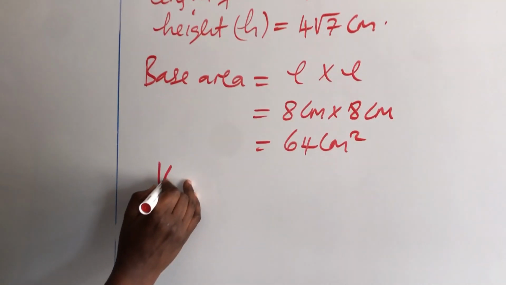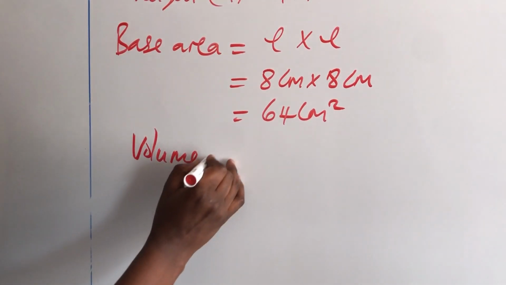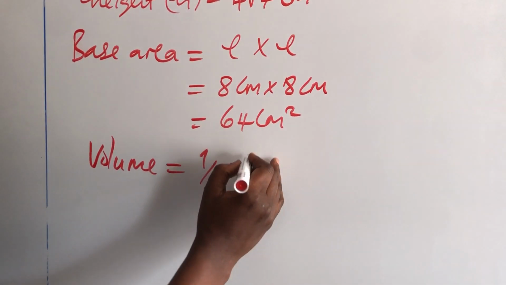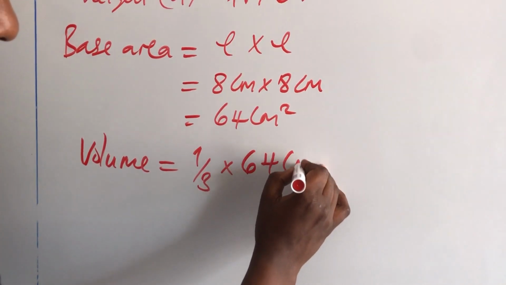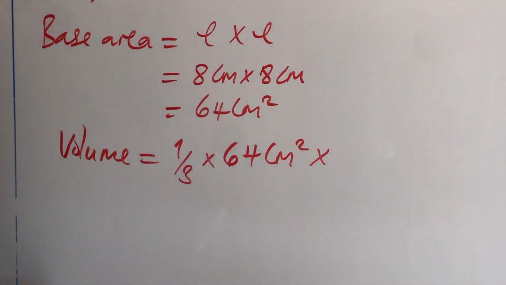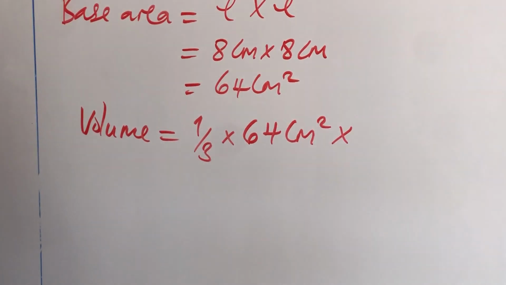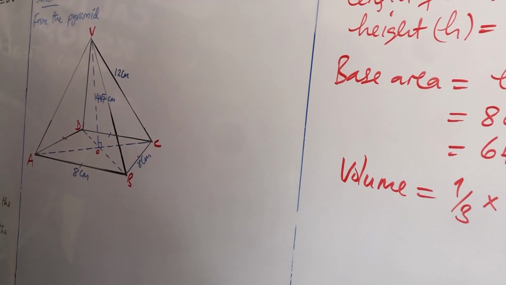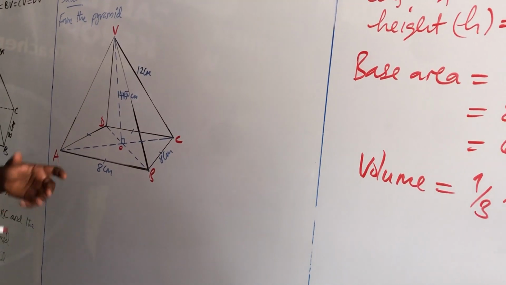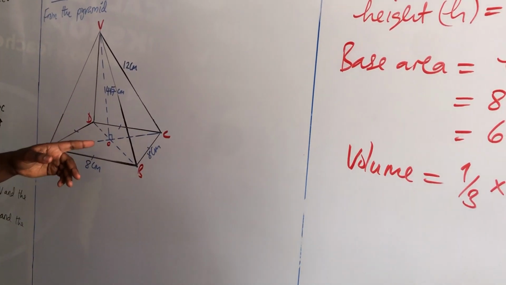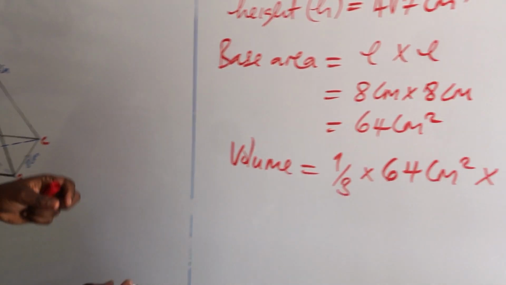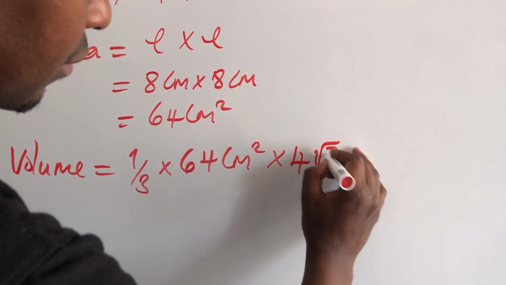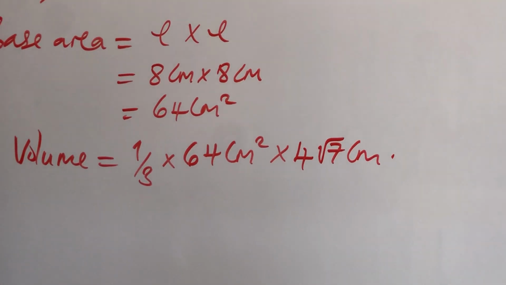Now coming back to the volume, it is 1/3 times the base area, which is 64 centimeter squared, times the vertical height. Here it is 4 radical 7. The vertical height should be perpendicular to the center of the base, where the two diagonals meet at the point O. So it is 4 radical 7 centimeters.